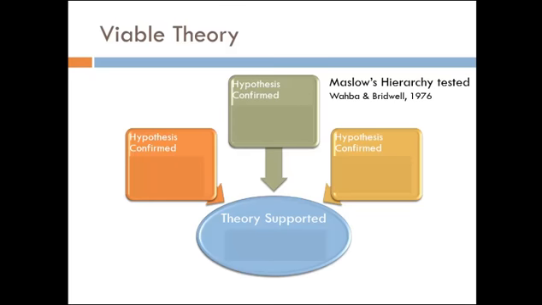So I've got Maslow's hierarchy of needs, and this Waba and Bridwell is actually what's called a meta-analysis. They looked at a whole bunch of different studies that had been conducted up until that point, and what they found was that there was a lot of evidence that supported Maslow's theory that all 5 motives in the hierarchy will be achieved in the order predicted.